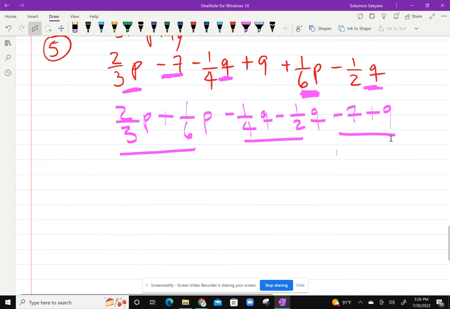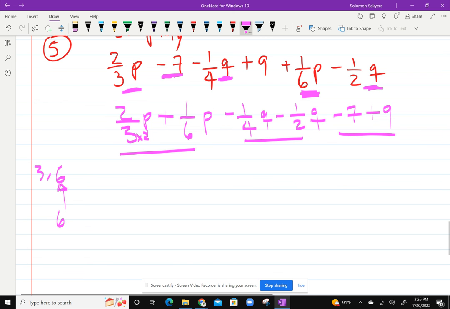So what is 2/3 plus 1/6? LCM of 3 and 6, what is that? LCM of 3 and 6 is 6. Okay, so we changed this 3 to be 6.